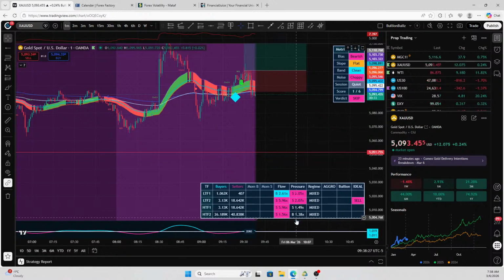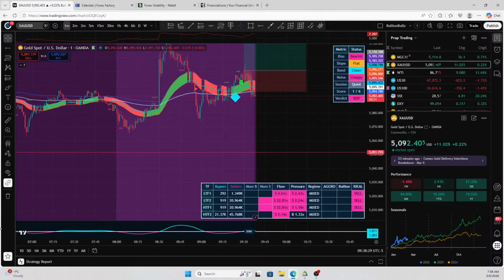The pressure is neutral right now, so there's no direction. You have to wait for sell side to establish. Okay, I think we'll just wait for the trade setup.